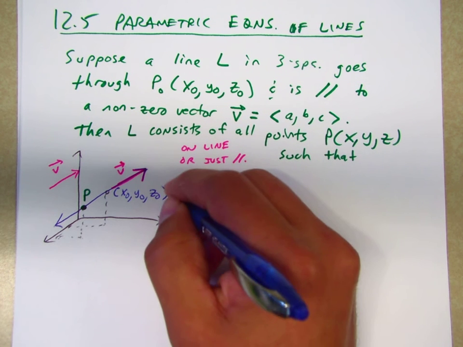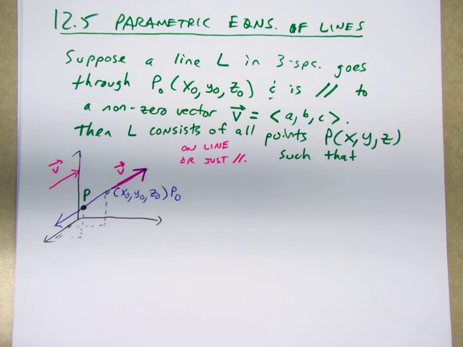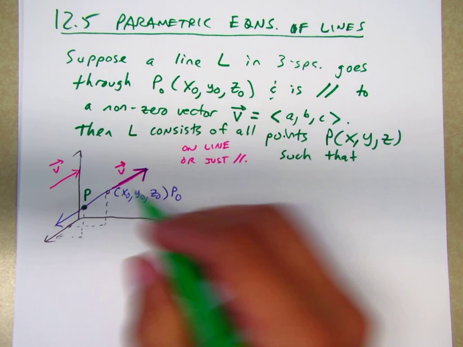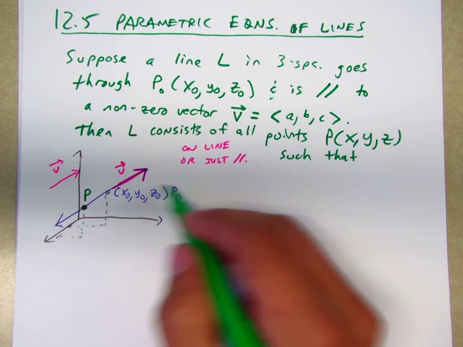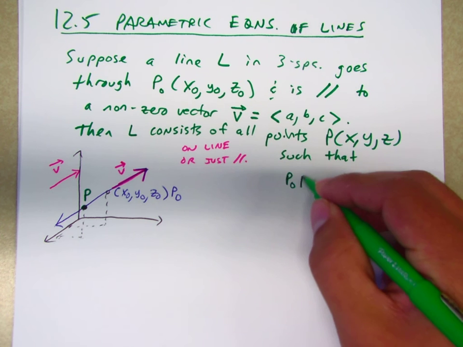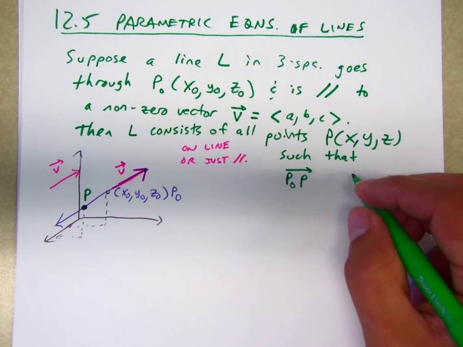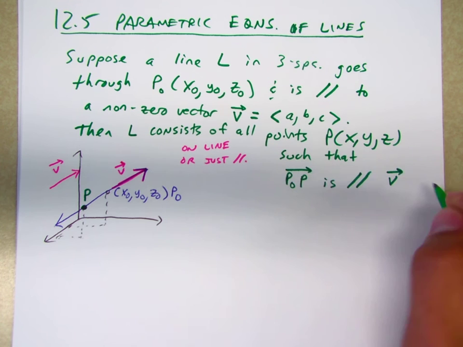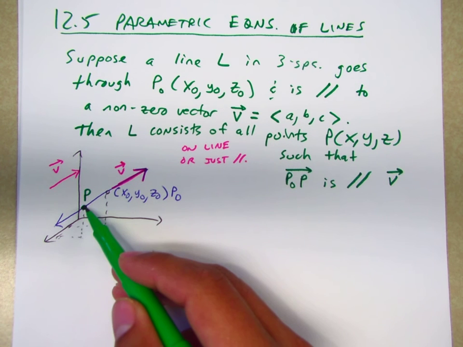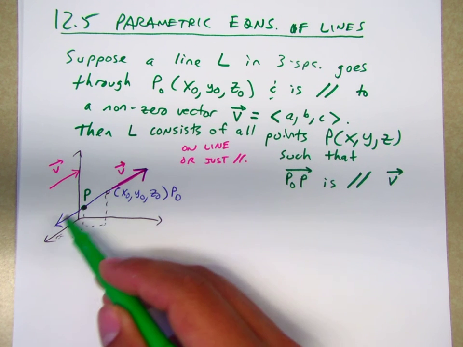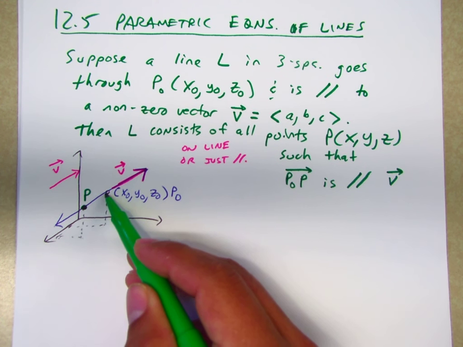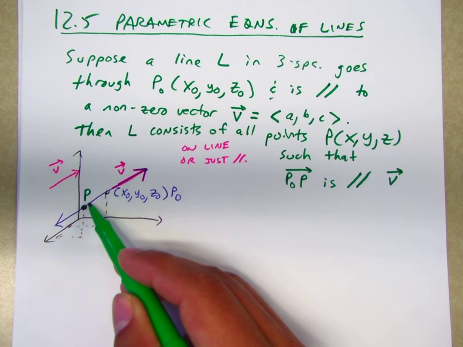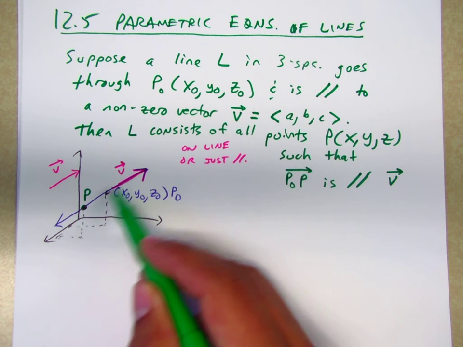And this was P naught. The vector from P0 to P is parallel to v. And I think in this picture that's clear, right? Any point on this blue line, if I connect from P to P naught, or vice versa, will be another vector that is parallel to the line. Okay?